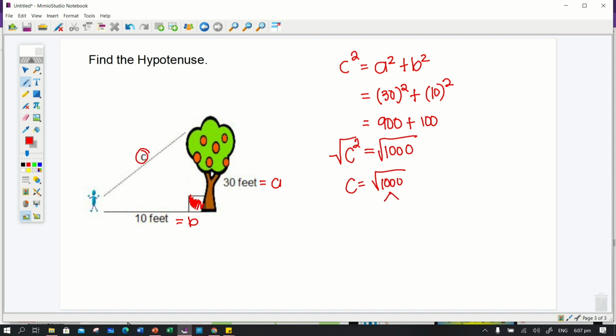By prime factorization, this is 100 times 10, and this is 10 times 10. So, if we simplify the square root of 1000 to simplest radical form, this is equal to 10 square root of 10. And don't forget to write the unit. So the value of c, or our hypotenuse here, is 10 square root of 10 feet.